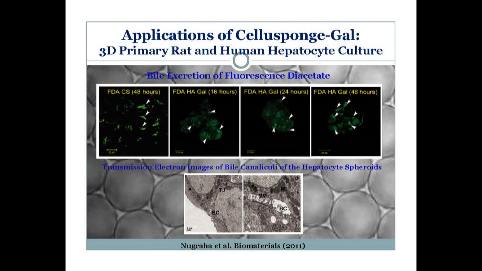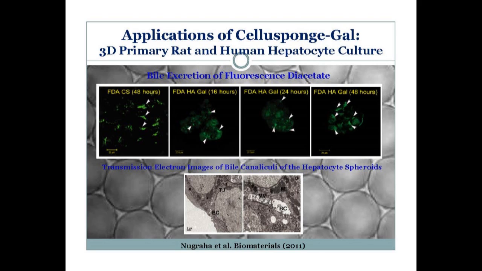On the top, FDA staining in the hepatocyte spheroid shows us an accumulation in the bile canaliculus between two cells. On the far left, the formation of bile canaliculus of hepatocyte cells in collagen sandwich took 48 hours after seeding.